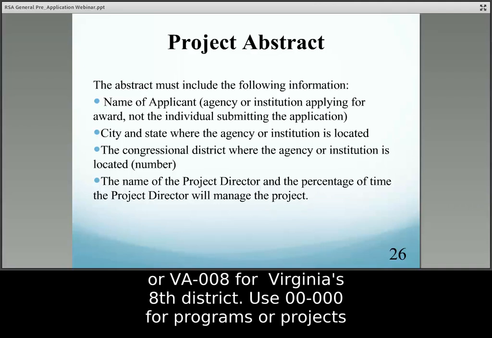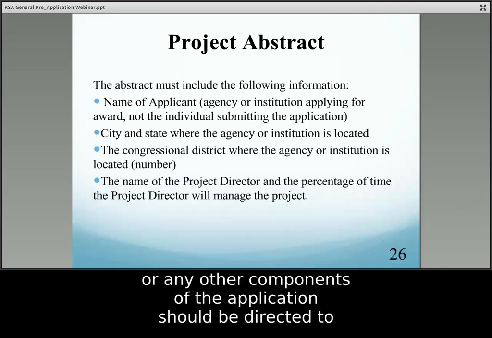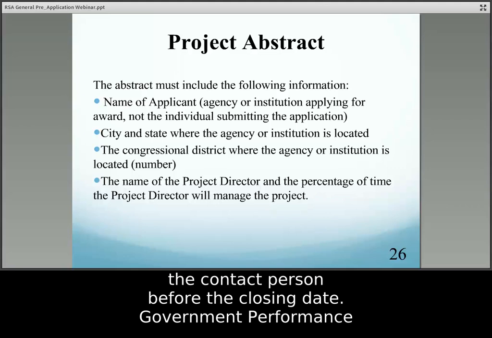Use 00-000 for programs or projects outside the United States and U.S. territories. Questions regarding the project abstract or any other components of the application should be directed to the contact person before the closing date.